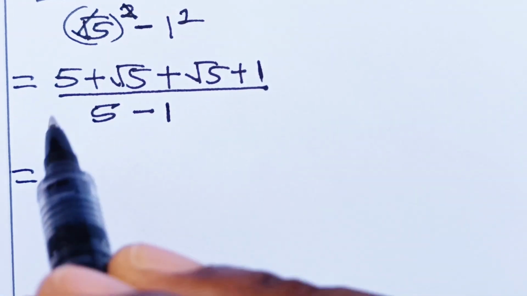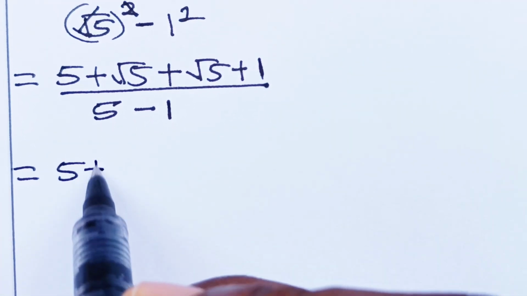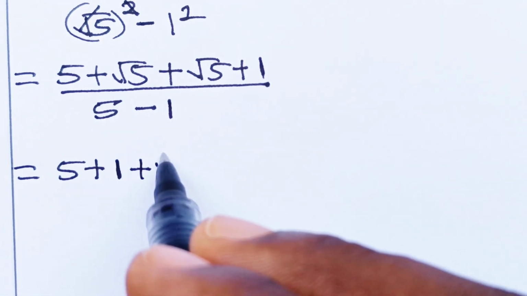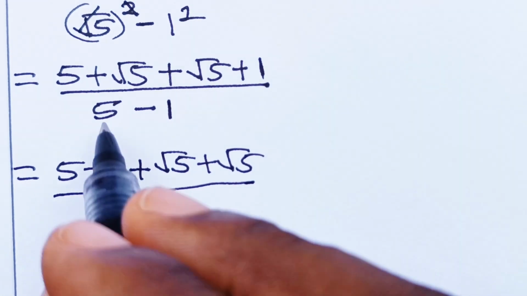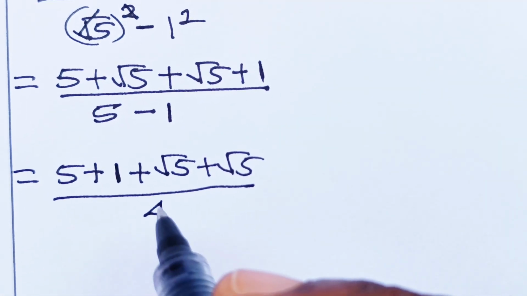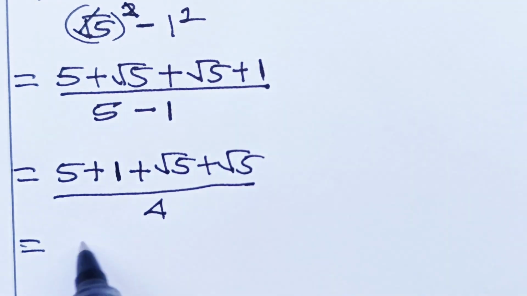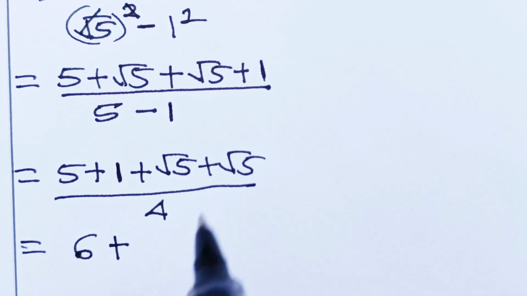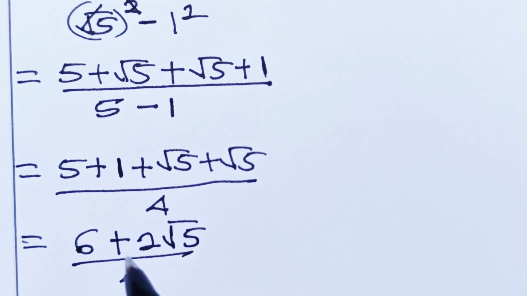Now this is equal to, we are going to collect like terms, so we are going to bring constants together, that is 5 plus 1, and we are going to bring surds together, root 5 plus root 5, divided by 5 minus 1 is 4. Now this is equal to 5 plus 1 will give us 6, so we have 6 plus root 5 plus root 5 will give us 2 root 5, divided by 4.